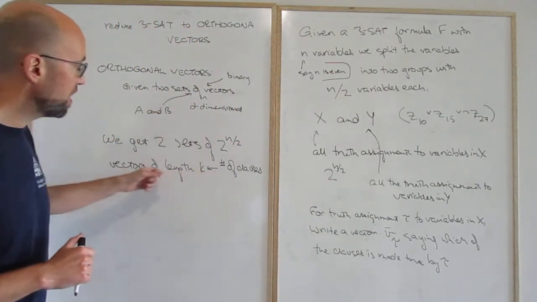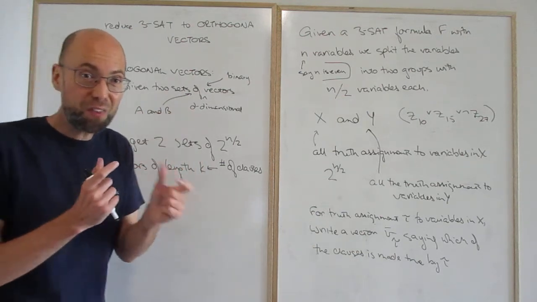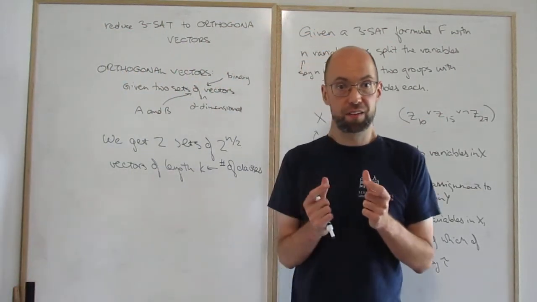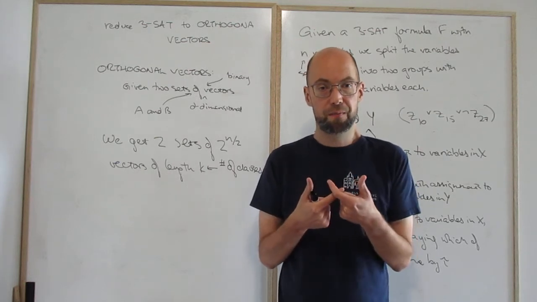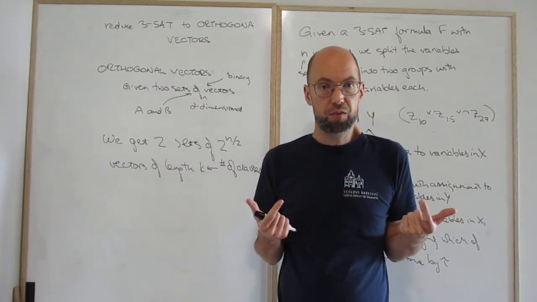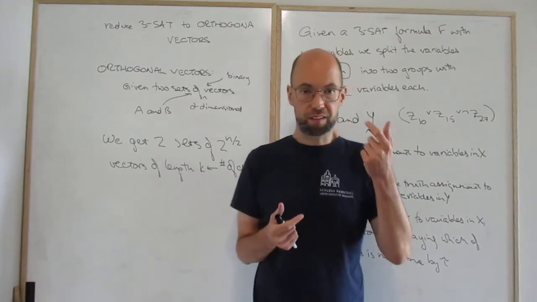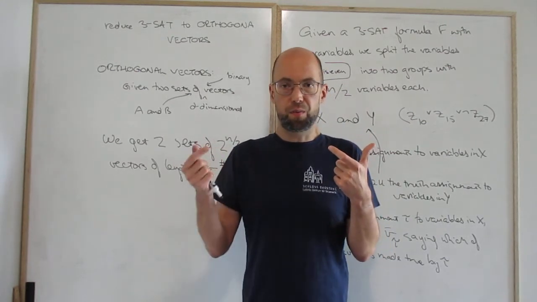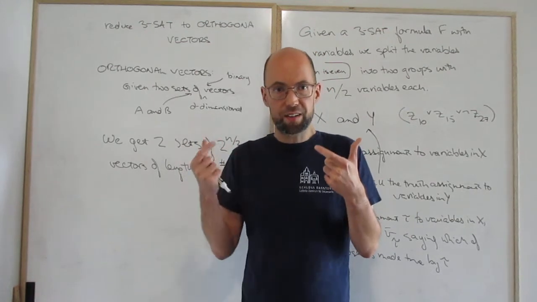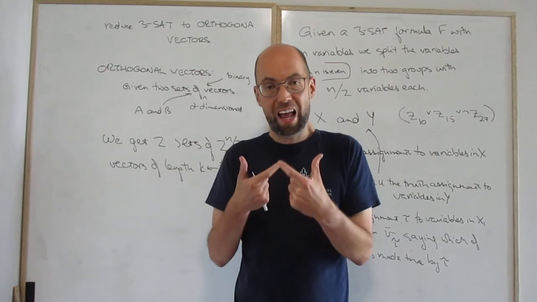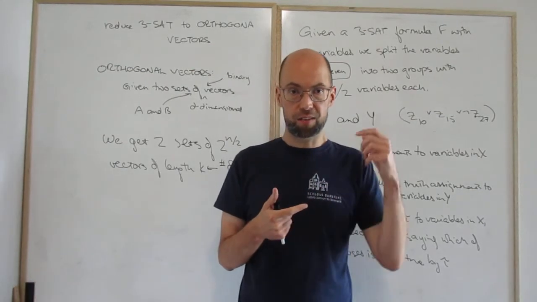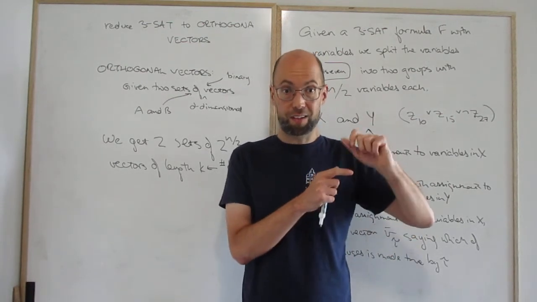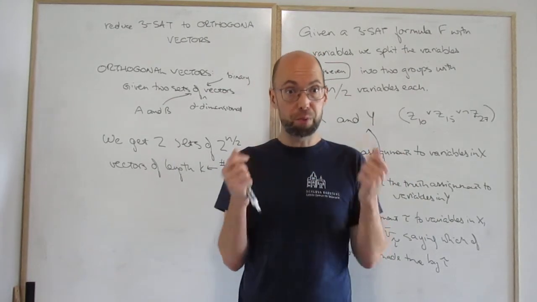And if we could say whether any of these vectors are orthogonal, then there would be a satisfying truth assignment, because we take the truth assignment to x that gives us this vector from A, and the truth assignment to y that gives us this vector from B, and when you put them together, every clause is satisfied, because every component, which is a clause, is either 0 in the vector from A or 0 in the vector from B, or both.